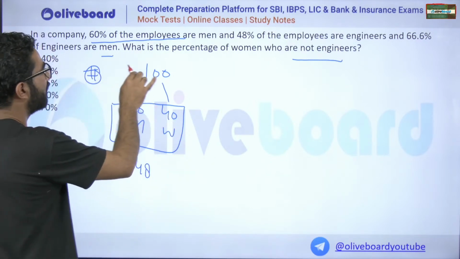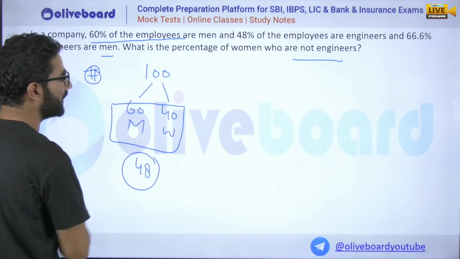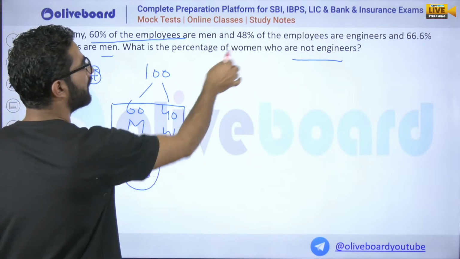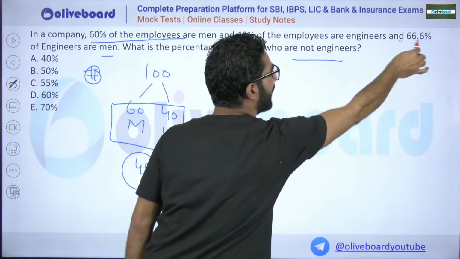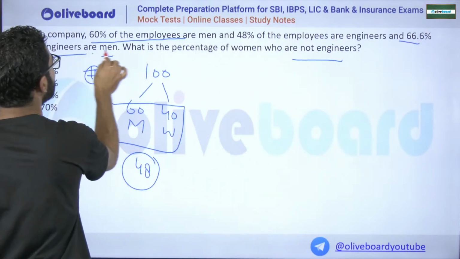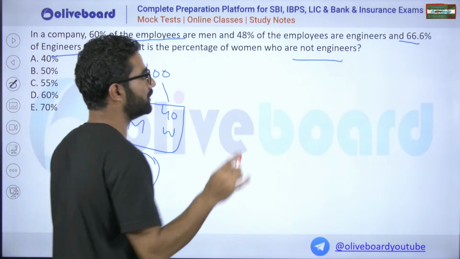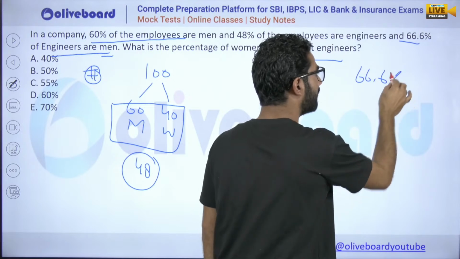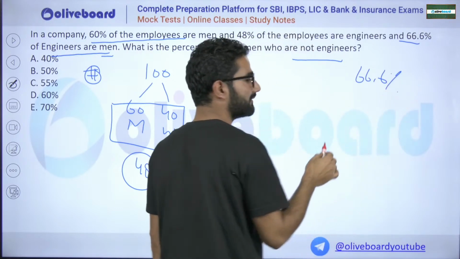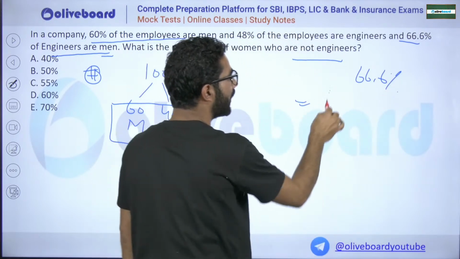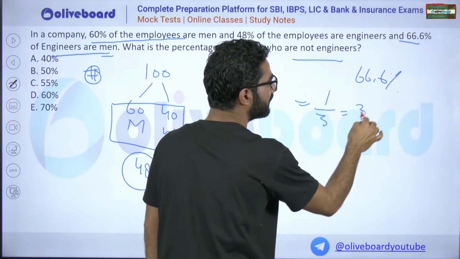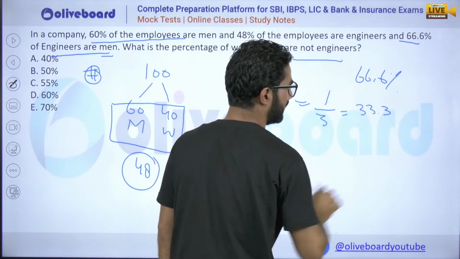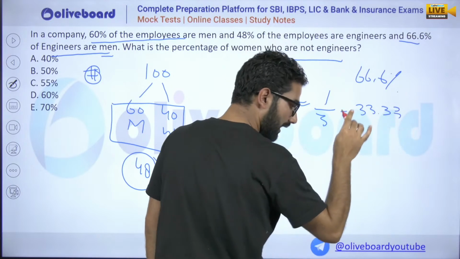So we have 48 percent of employees who are engineers. Now 66.6% of engineers are men. One thing I want to tell you, don't go for 66.6 percent. I always tell you, you calculated last day when I told you that 1/3 was how much? It was 33.3 percent.